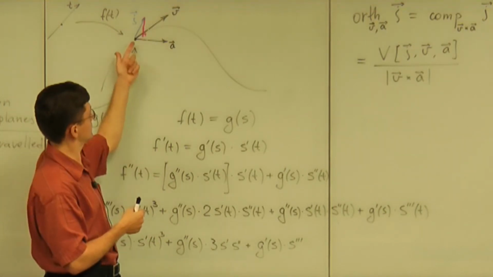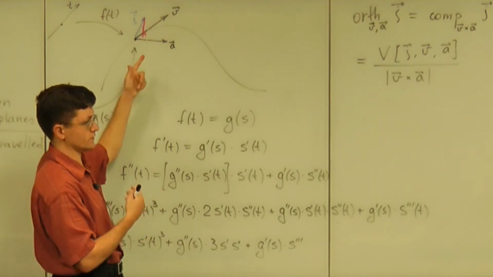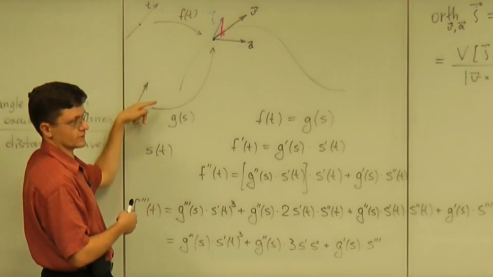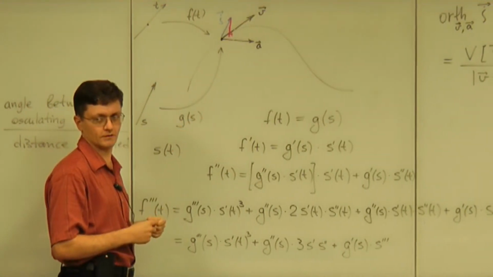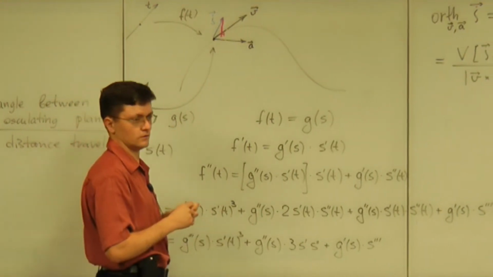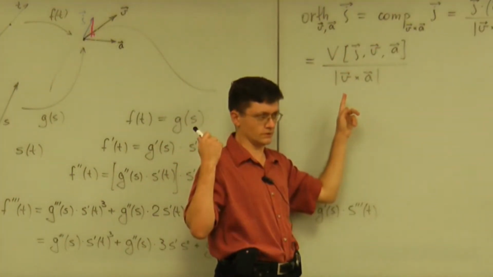Why is it that we decided it's not good? Why is it that we looked at these scenarios of two particles moving differently? Well, because we realized that quantity depends on the speed.